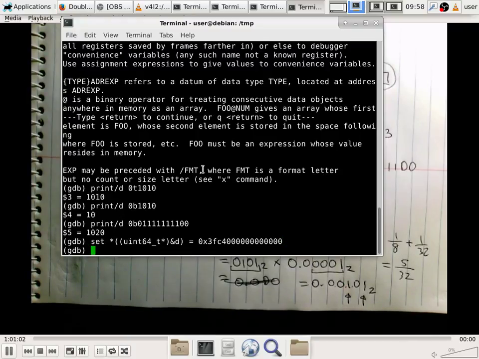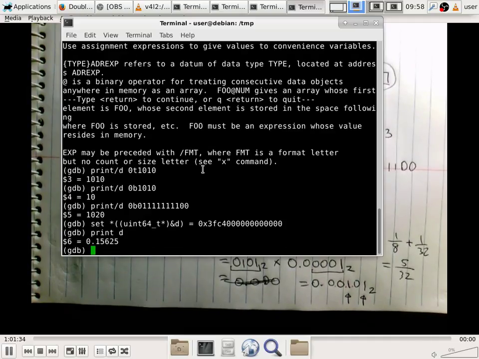There we go. Okay, so now we say print d again. Now when you say print d, it automatically uses whatever type comes with d, which is a double. So now we should see whatever the decimal representation is for 5 divided by 32. We know it's going to be a little bit more than 0.125 because 0.125 is an eighth, which is 4 divided by 32. So it should be 0.1 something something, right?